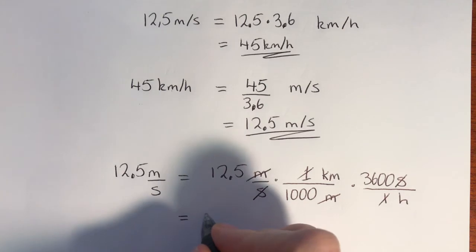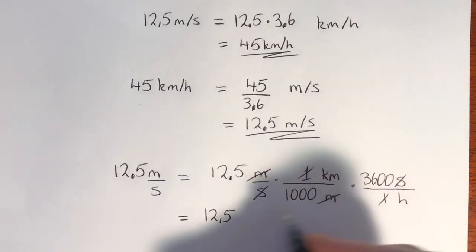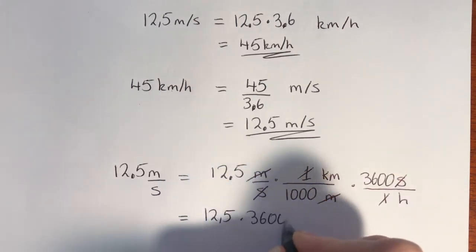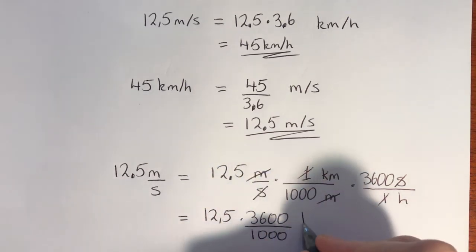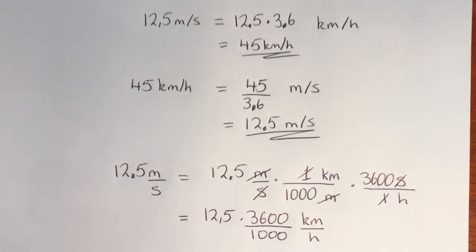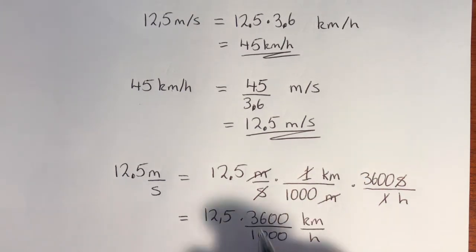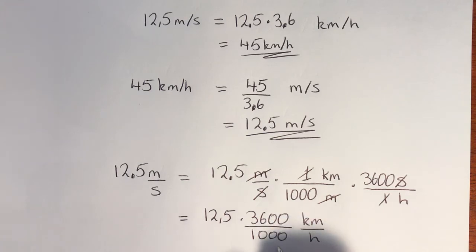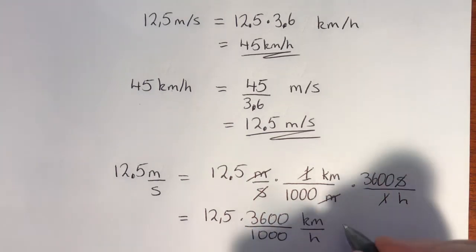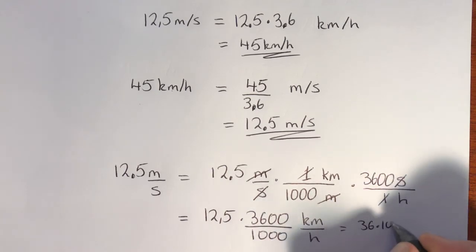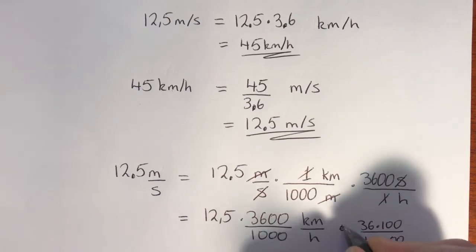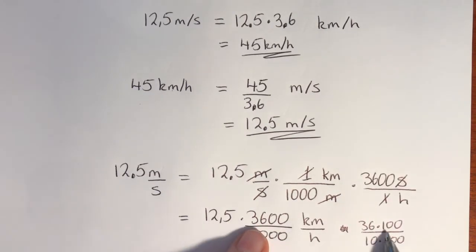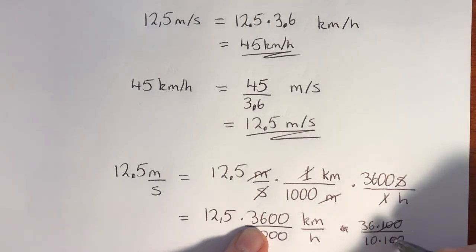So what I get left is 12.5 multiplied by 3,600 divided by 1,000, and my new units are kilometres per hour. 3,600 divided by 1,000 is the same as 36 times 100 divided by 10 times 100. 100 divided by 100 is 1.